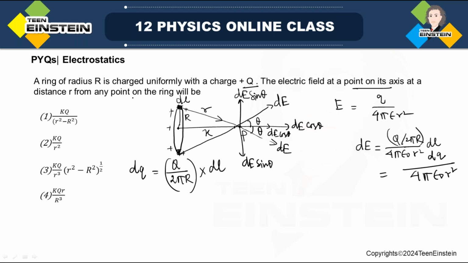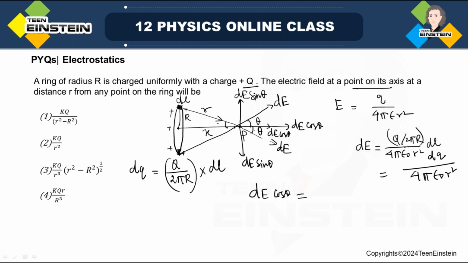Now you have to find out the electric field along the axis due to a point on the ring. Anyway, the dE sin theta will be cancelled out. So you will get the electric field dE cos theta. This is the electric field along the axis due to a point on the ring. Now how do I write cos theta?